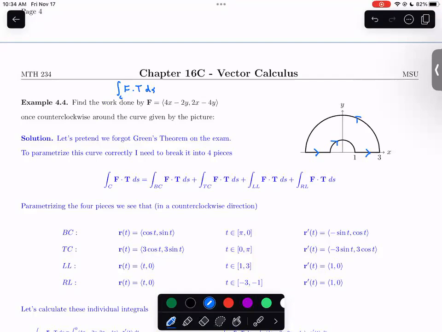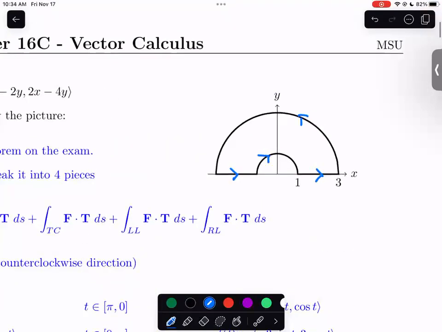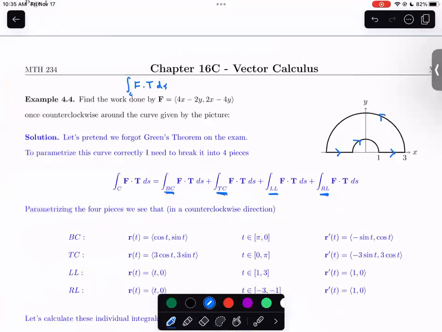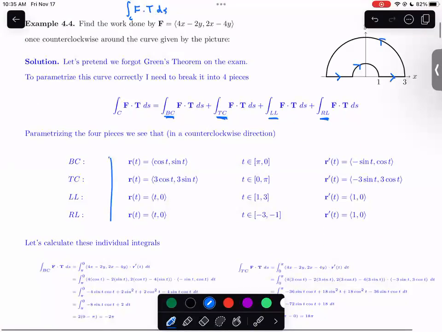There are 2 half circles, a top circle and a bottom circle, as I've denoted here, and then there's a left line and a right line. If I evaluated this using line integrals like we did in part A in our previous problem, each one of these needs to be parametrized. So each one gets its own parameterization.